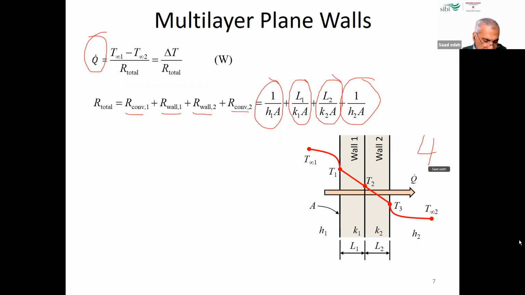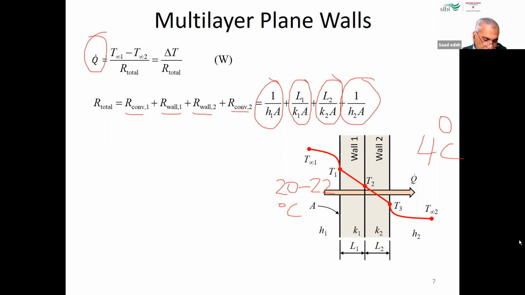And for the inside temperature, I need to have human comfort temperature. Most human comfort temperatures are between 20 and 22. So now I know the temperature inside and the temperature outside. Now it's your job to select what kind of wall you need.